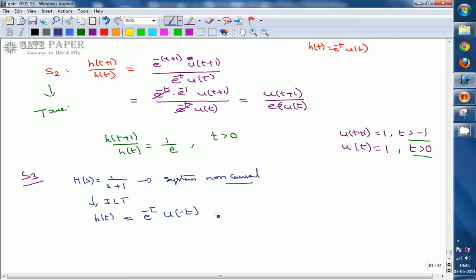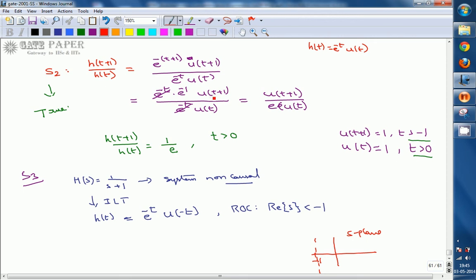And for this, by calculating the ROC, we will get the real part of s less than minus 1. Indicating this on the s plane, we have the pole at minus 1, and we have the ROC.